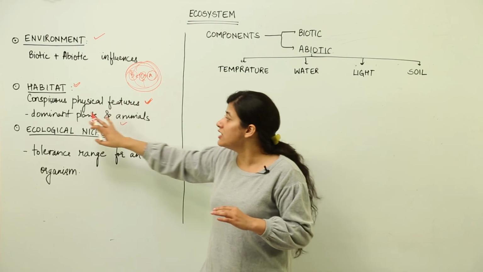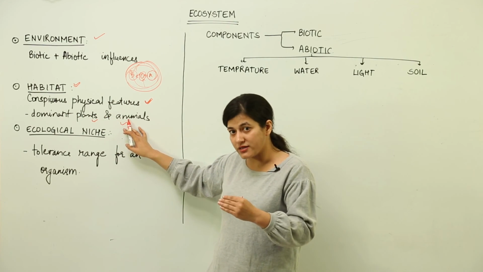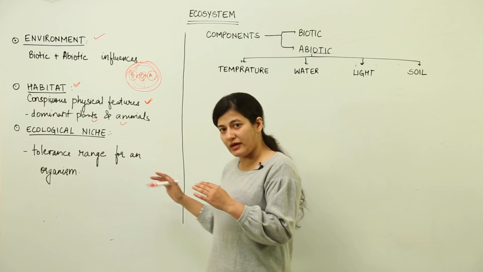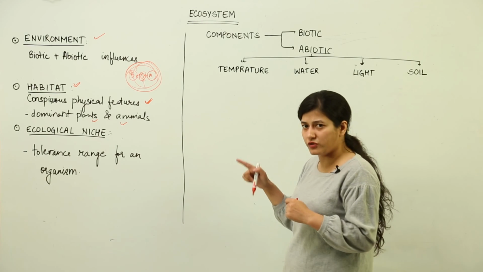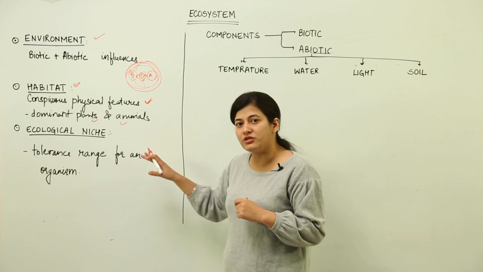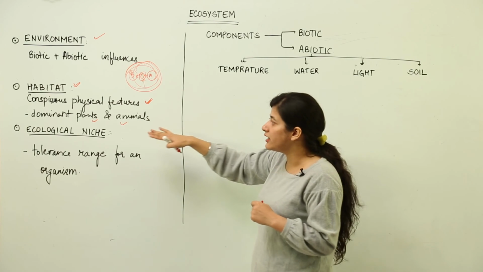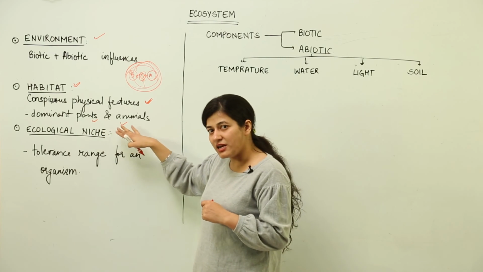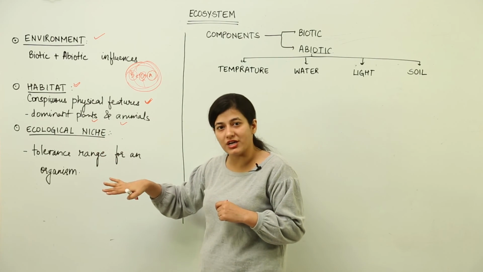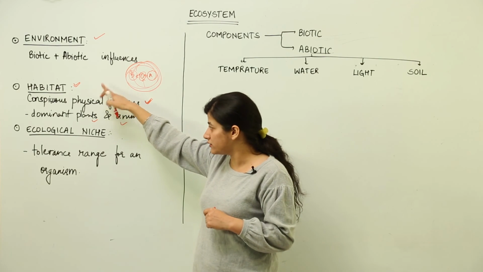Please pay attention. The plant and animal species which would be quite visible, the dominant ones. Supposedly I'm talking about a river population. Not river, mangrove would be a better option. If I'm talking about a mangrove habitat, I'm talking about a mangrove plant. So you know that there would be dominant plant and animal species, all those plants and animals which know how to survive in marshy areas. That would contribute to the habitat of that organism.